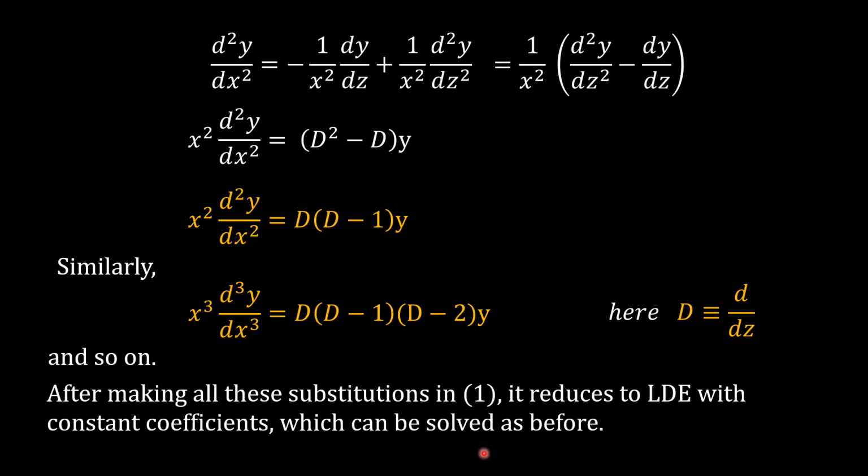Whatever methods we have studied, using them we can solve the differential equation 1, which got reduced to the linear differential equation with constant coefficients. Here I have already mentioned that this capital D is the operator d/dz. So this is about Cauchy's linear equation.